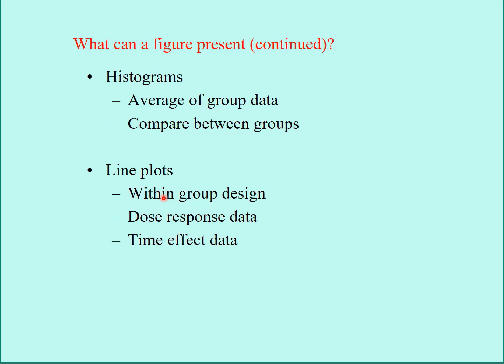For example, the baseline, after one week of treatment, two weeks of treatment. So therefore you put within-group data like a line plot. Or you can use a line plot for dose response data or time effect data because you have multiple points.